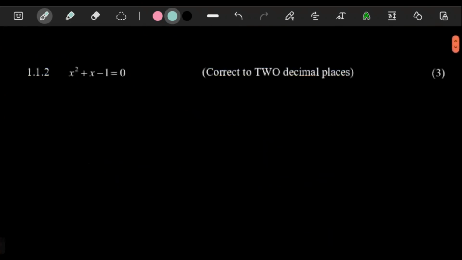Our next question, it doesn't seem like we're going to do anything crazy, because one way or the other, we are just going to use our calculator. So in our calculator, we just have to make sure that we put everything properly so that we don't lose marks unnecessarily.